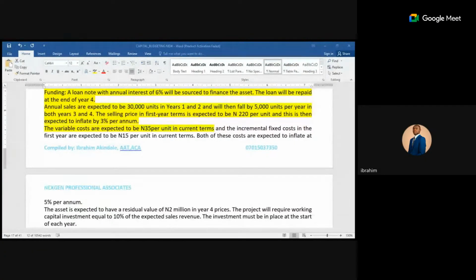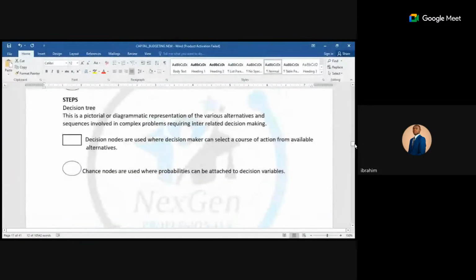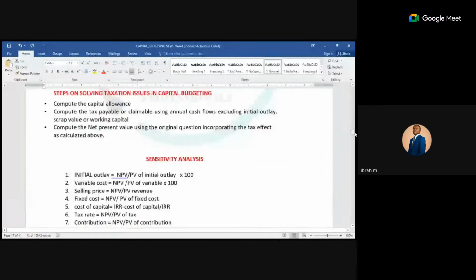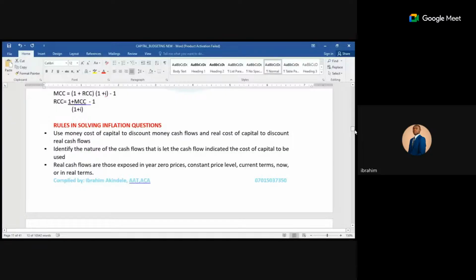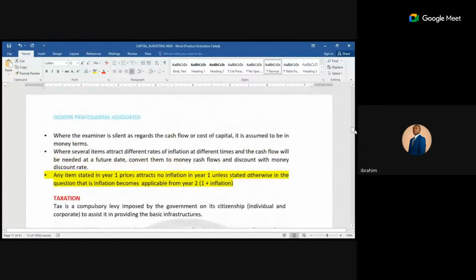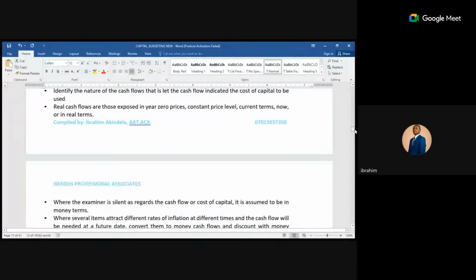That is why I'm coming. Let me show you something. It can be in current term, it can be in year 0. Let's quickly go back to that inflation. Okay, where is it? Inflation. Now, this is it.